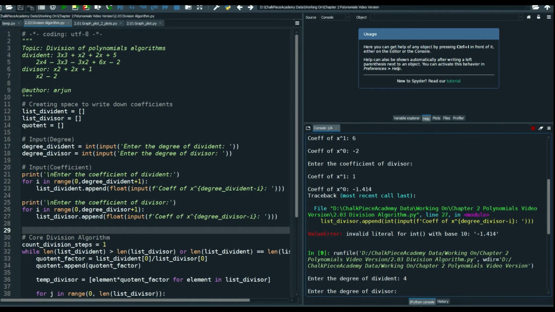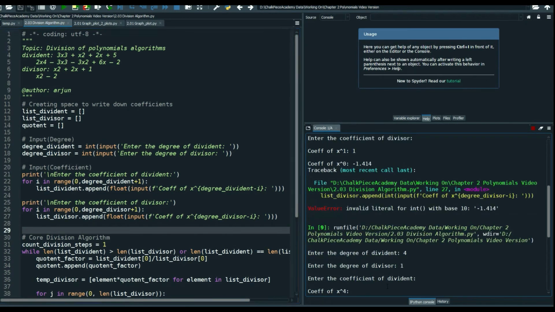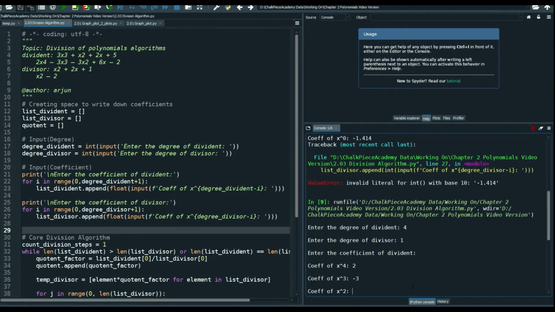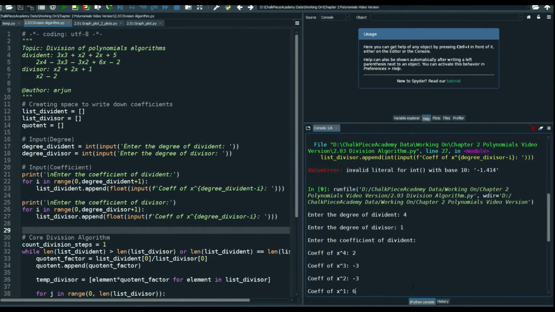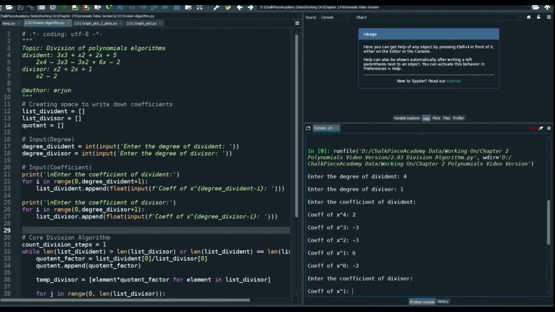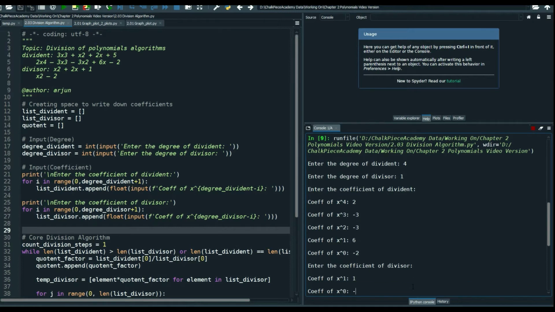The dividend is 2, minus 3, minus 3, 6 and minus 2, and the divisor is 1 and minus 1.414. Again, this is an approximate value.